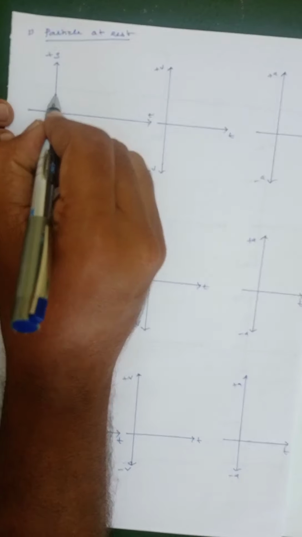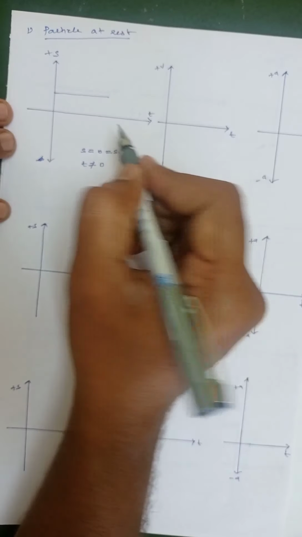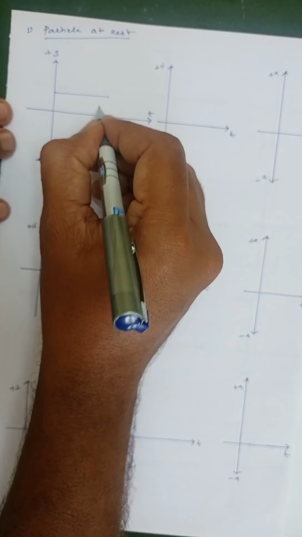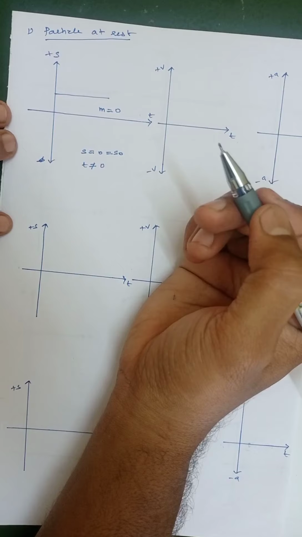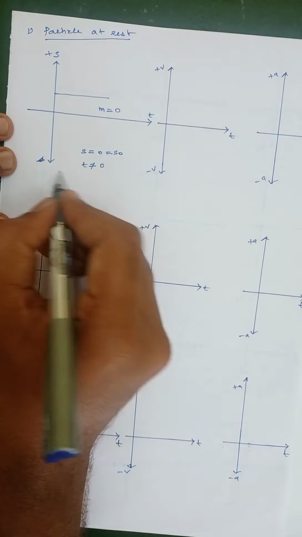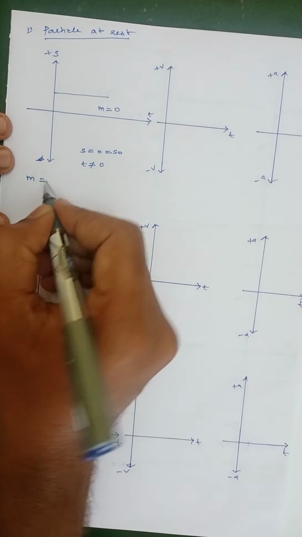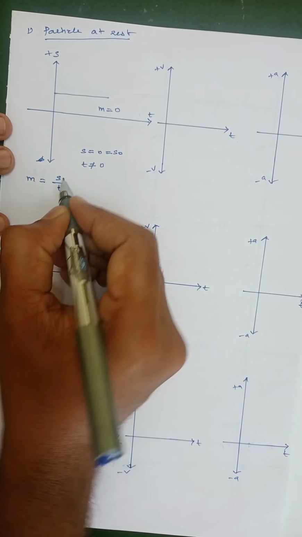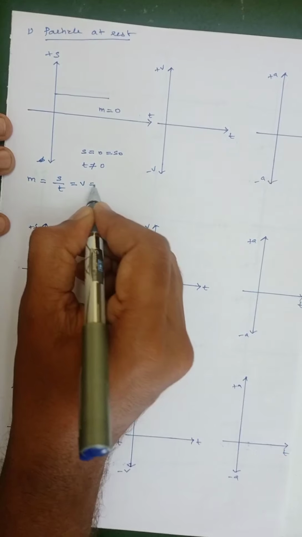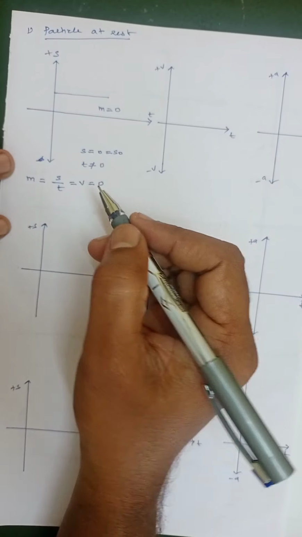So the particle at rest gives a graph like this, where m is equal to 0. Here m is equal to s by t, or v equal to 0.